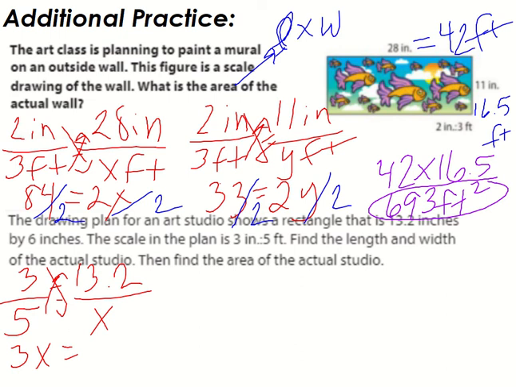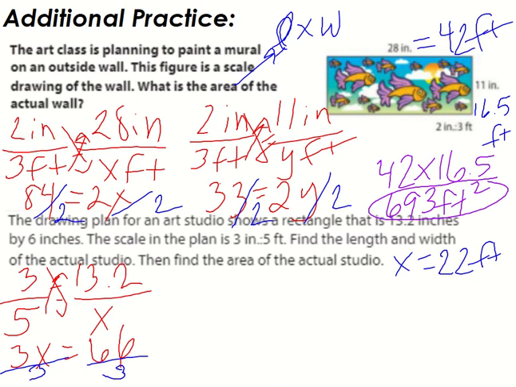So 13 and 2/10 times 5 gets us 66. All right, we're going to divide by 3, divide by 3, and we should have gotten that X, in this case, I'm going to put it up here just for space, is going to be 22 feet in real life. Okay, so that's one of the measurements.